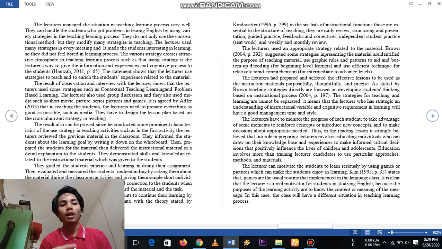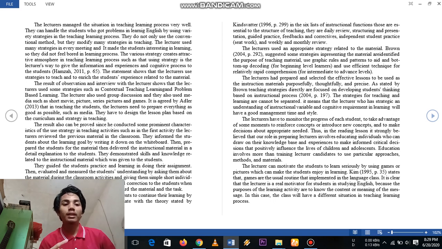Lecturers also use group discussion and use media as learning tools, such as short films, pictures, and games. They always guide students to practice and learn in their work. After that, the lecturer fully submits to the students to practice and learn using their preferred method.